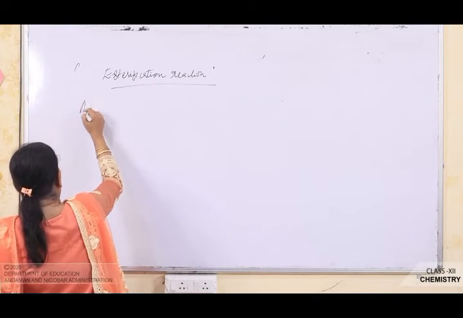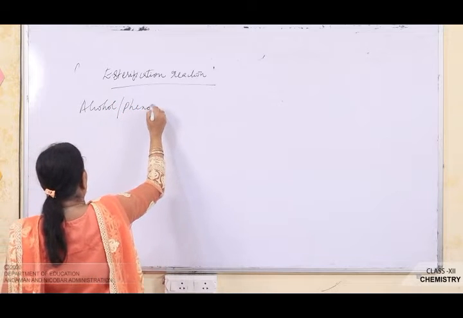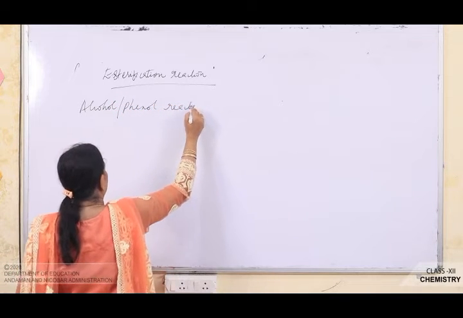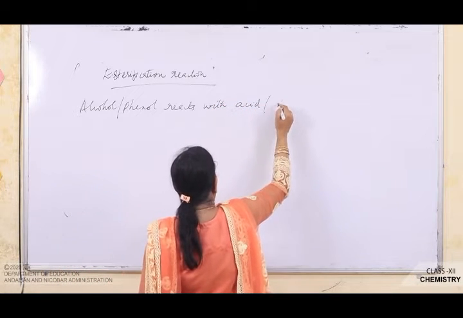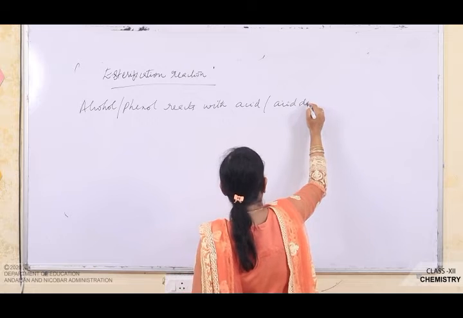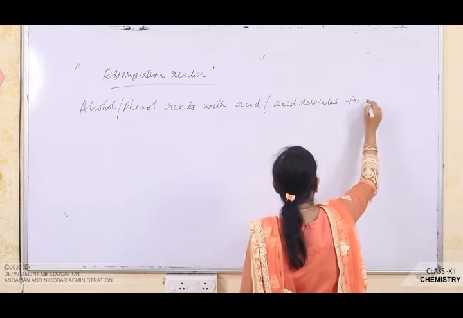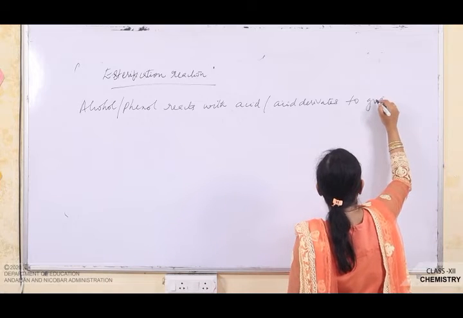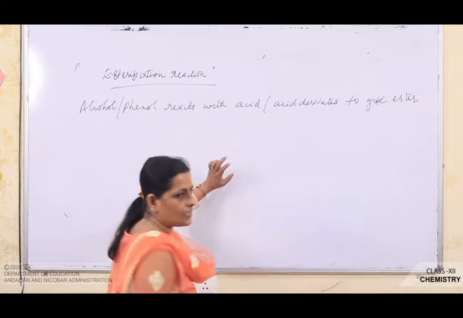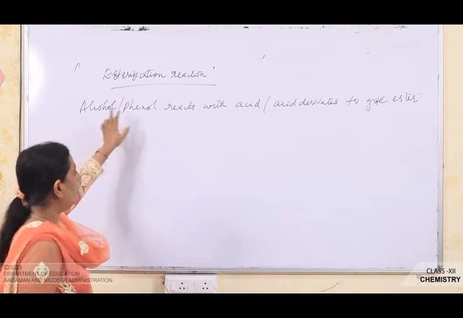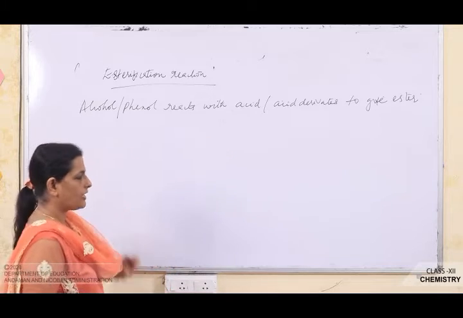See here, alcohol or phenol reacts with acid or acid derivatives to give ester. So that reaction is known as what? Esterification reaction. Reaction of alcohol or phenol with acid and its derivatives to give ester is known as esterification reaction.